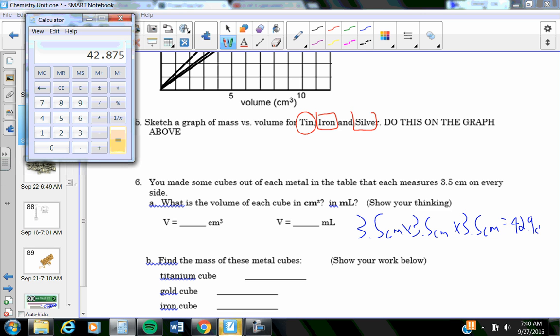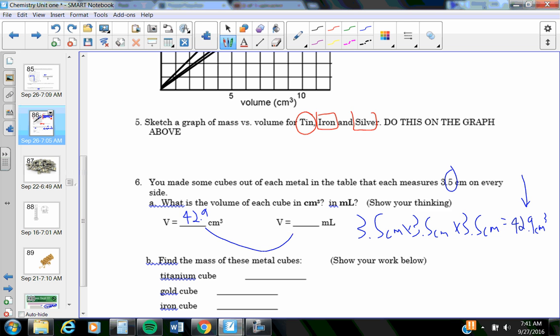The logic I used for rounding to 42.9, if I went to 1/10 past, I'm going to go to 1/10 past. I don't want it to have extra digits over that. Realistically, if I use sig figs, I would probably just say 43, but we don't right now need to discuss sig figs. So 42.9 centimeters cubed.